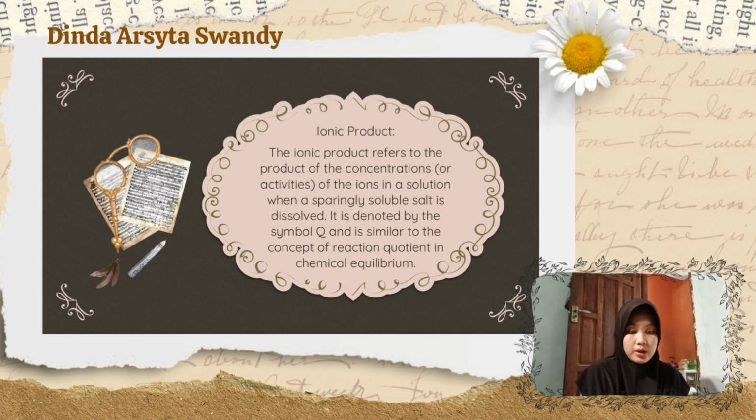It's denoted by the symbol Ksp and represents the product of the concentrations or activities of the constituent ions raised to their stoichiometric coefficients in the balanced chemical equation for the dissolution or precipitation reaction.